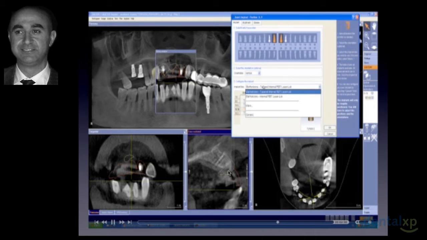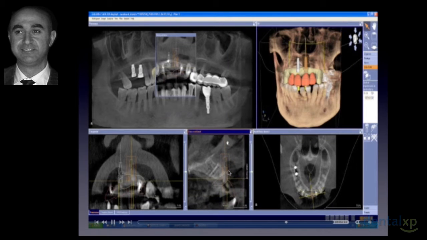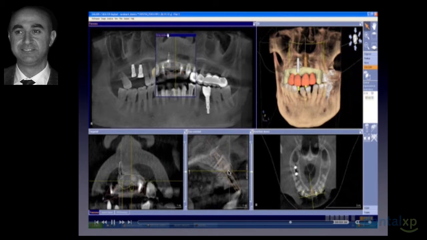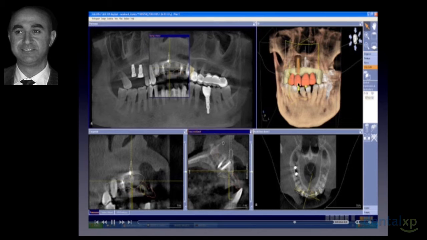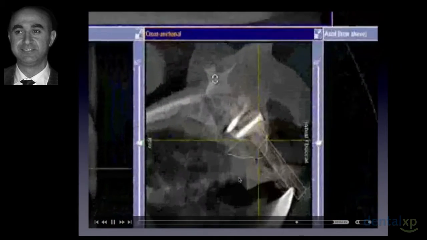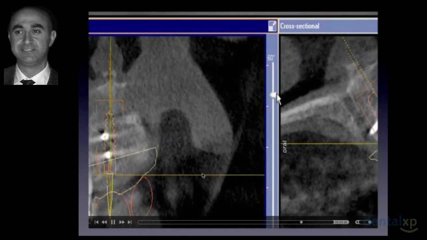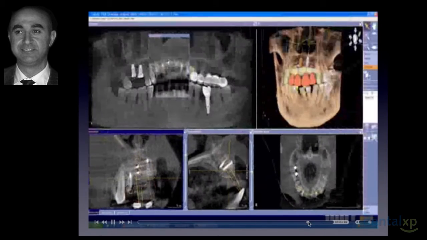And from the library of this software we can choose our implant system that we're using, the type of implant, the diameter, the length of the implant that we can place according to the available bone structure in this area, and start placing it bodily according to my anticipated definitive prosthetic restoration, as you can see, and start aligning and angulating the long axis of my implant in relation to the anticipated final restoration.